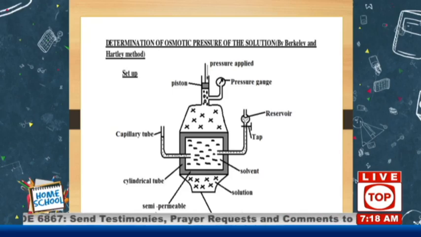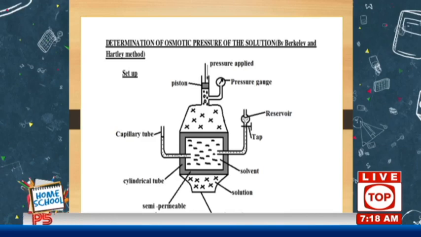When the solvent in the capillary tube is just at equilibrium, there are no more solvent molecules passing through the membrane to the side of the solution. So we say that now there is equilibrium. If solvent molecules are not moving from the solvent side into the solution part, we say that we have gained equilibrium, and the pressure at this point is the osmotic pressure.